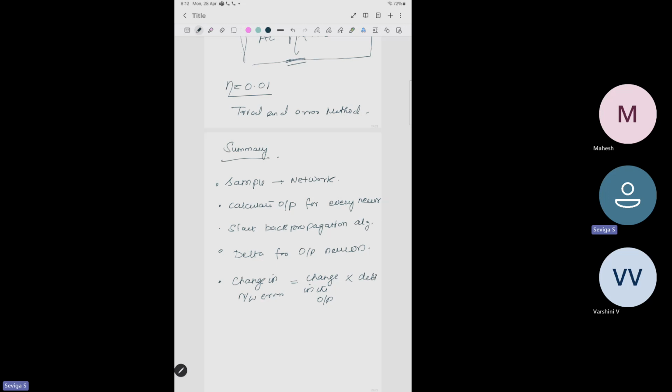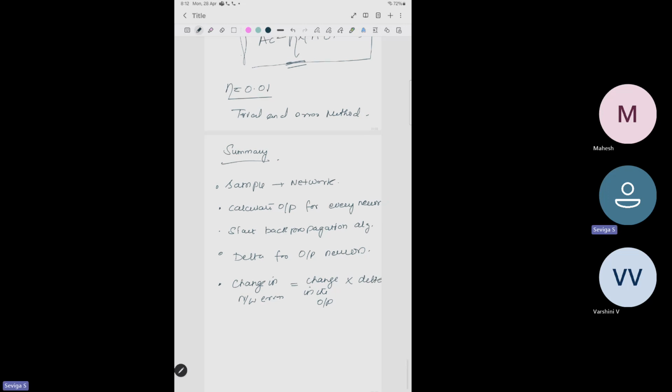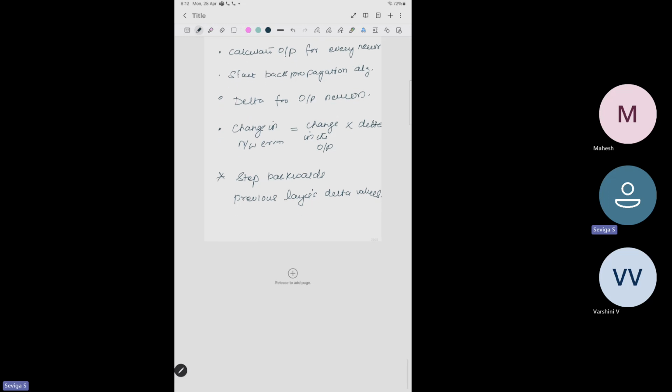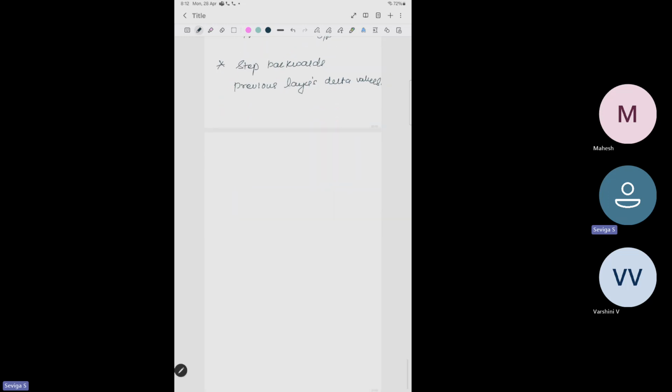times the delta value. After learning this, we took a step backward and found the previous layer's delta values. We continued this and computed all the deltas.